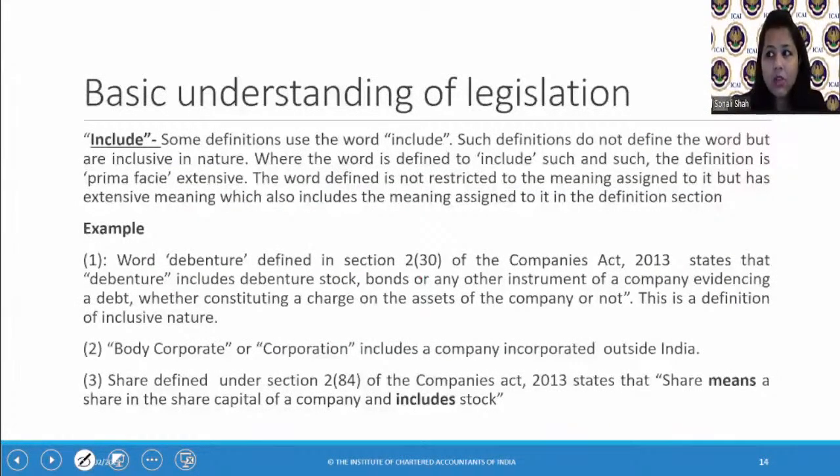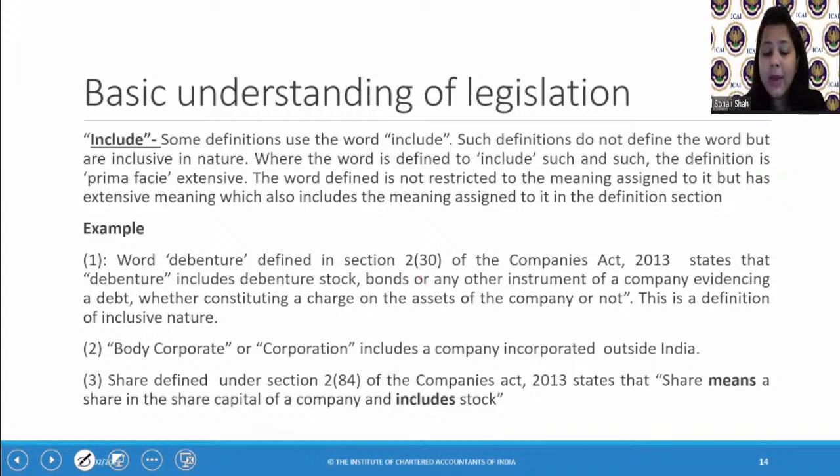Other than that also, there are definitions which contain the word include. When a definition has the word include, it is an inclusive definition. It does not define the word as such, but it tells you what all is included within that definition. Correct?